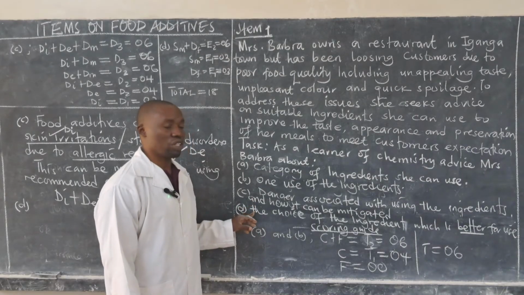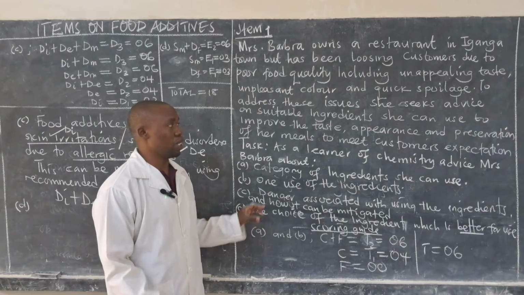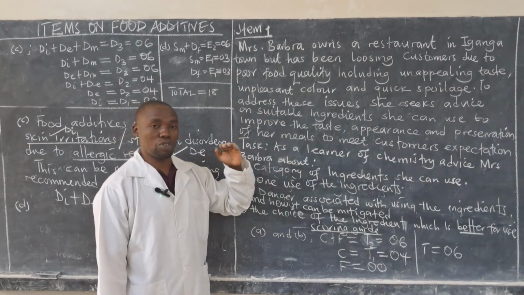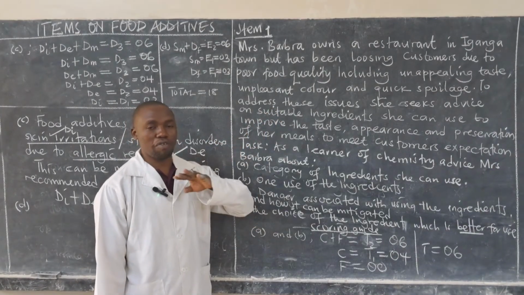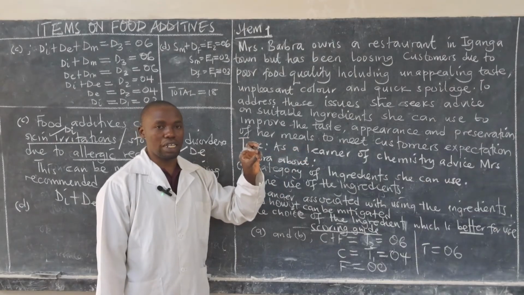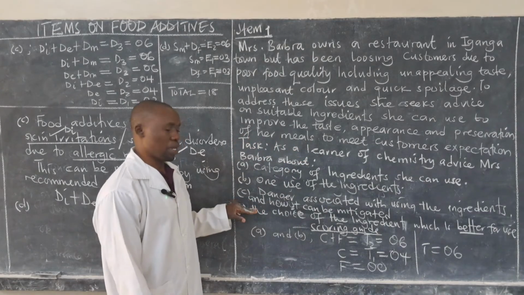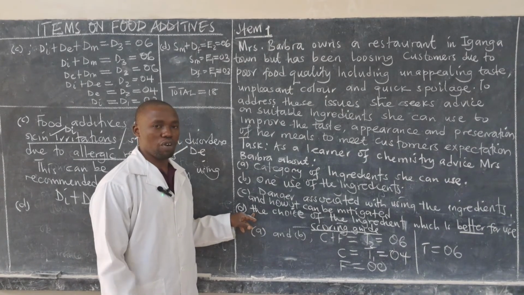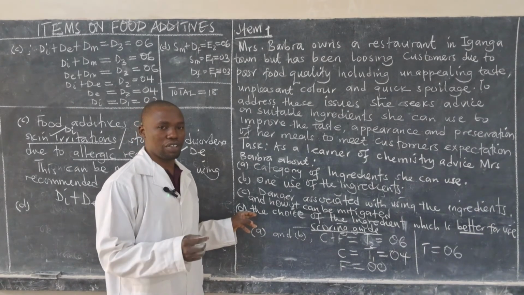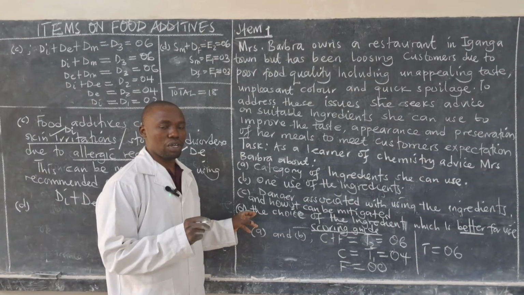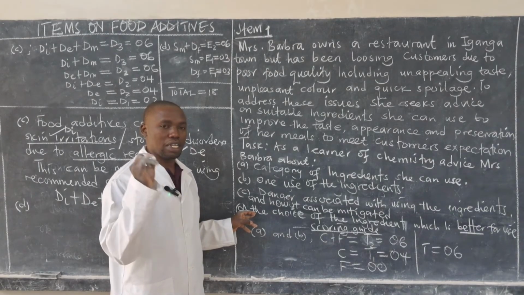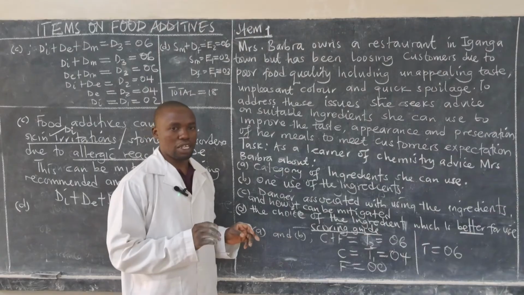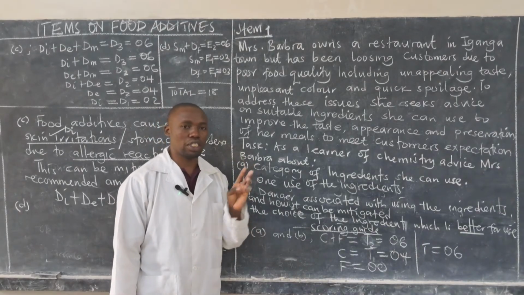Of course, this is not a must. It can be omitted depending on the item. If the item is only one direction, for example, focus on natural food additives, this part might be omitted. Now, this part D will involve similarities and differences of the two categories, which are synthetic and natural food additives. So we give one difference, one similarity.